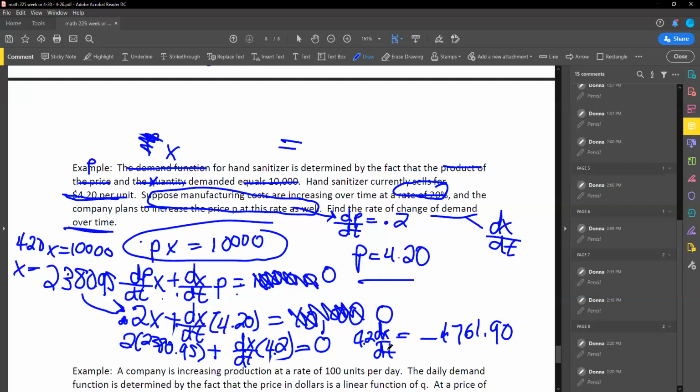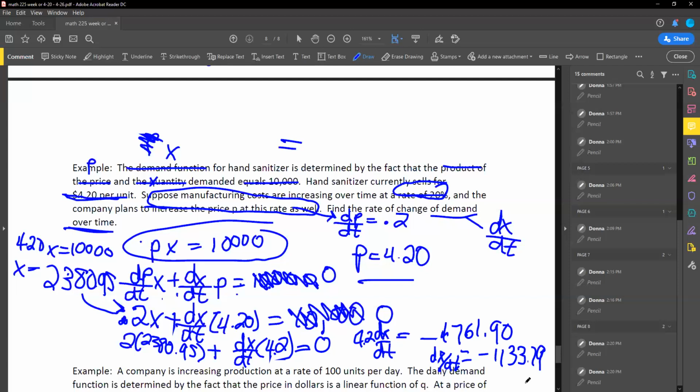So divide that by 4.2 to get my answer. dx/dt is negative 1133.79. All right, so let's talk about that.